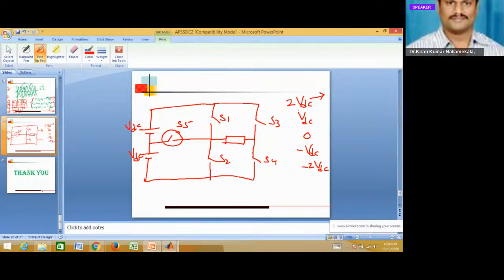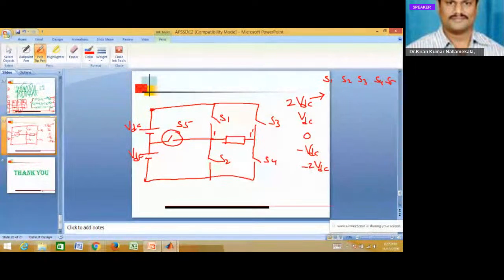In order to generate 2 VDC, what are the switches that are conducting? I'll write here S1, S2, S3, S4, S5. Okay, so to generate 2 VDC, your first terminal 1, this is 1 dash. In order to connect 1 here, you have to turn on S1.